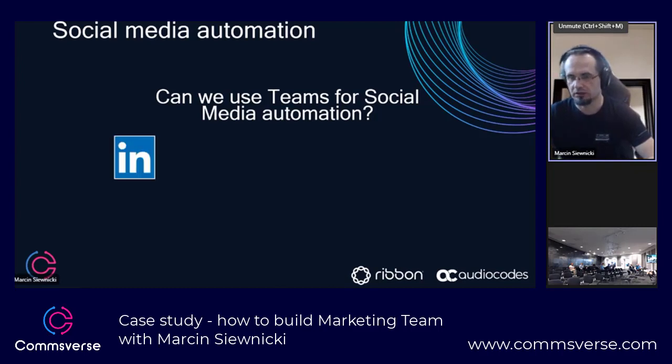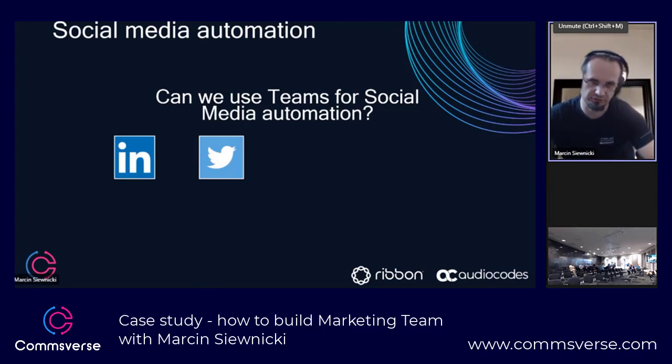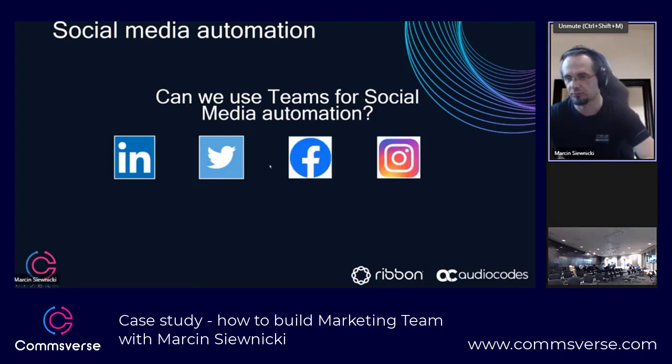I chose some examples because there are a lot of social media platforms. Some are well-known, some maybe not so much. Of course, LinkedIn, because it's a Microsoft service, Twitter, and of course Facebook and Instagram.